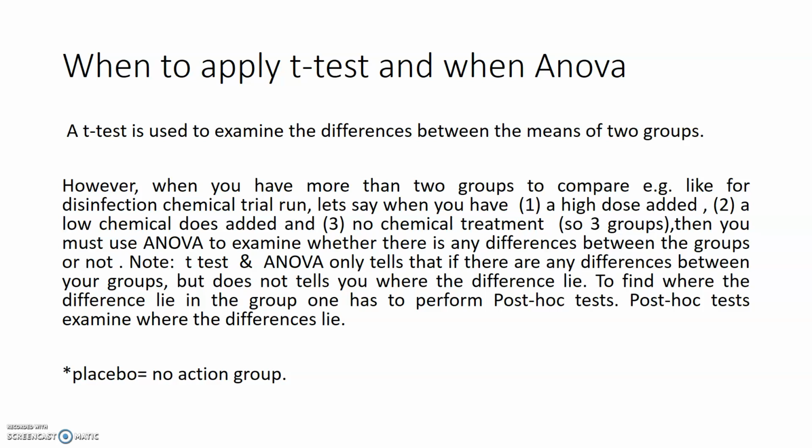Post hoc tests examine where the difference lies in the groups. And there is a common term, placebo, which means no action group, or where you are not performing any treatment. Sometimes this terminology will appear in the literature, so you should know what it means.